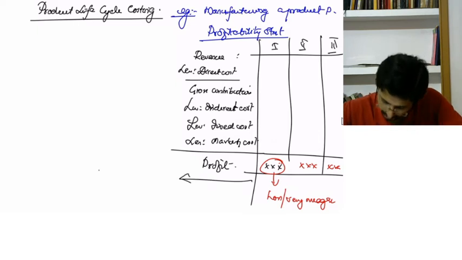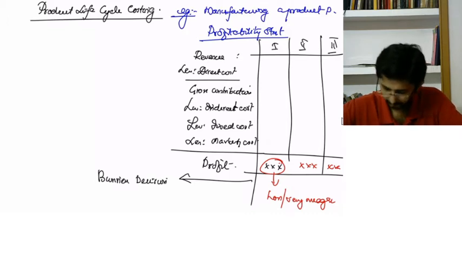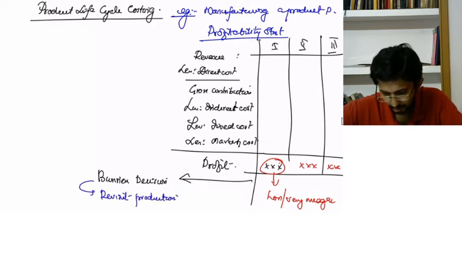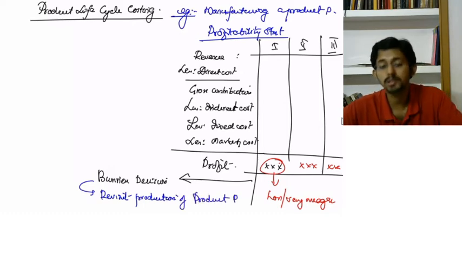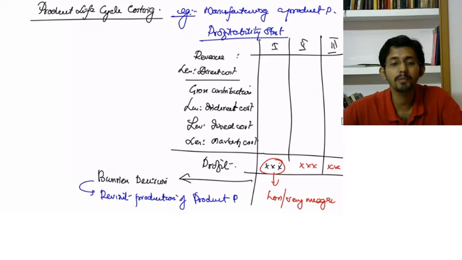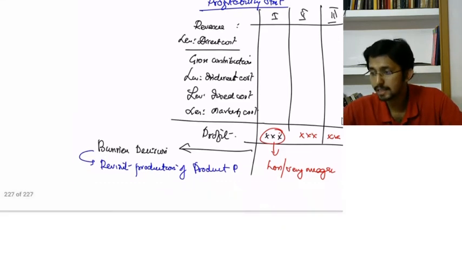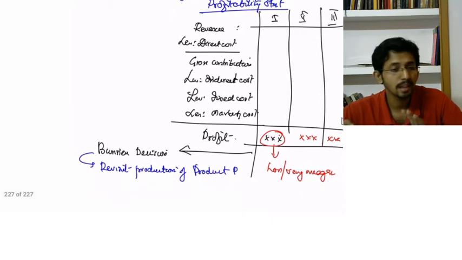The business decision will be to revisit production of product A or product B. Why? Because it is making continuous losses or continuously the profits are not attractive. Okay, so you have to again see whether it is profitable to continue with the production. That is the normal decision making.